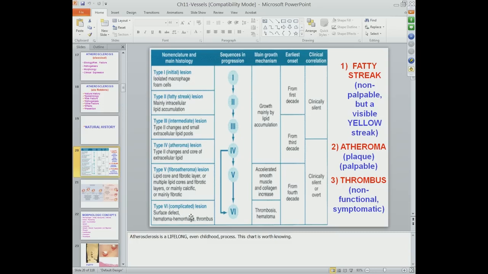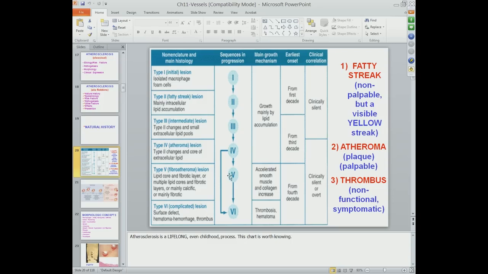And we're going to say over and over again in the next chapter that a heart attack is not just advanced atherosclerosis, it's also an imposed thrombus, and that's a totally separate process.